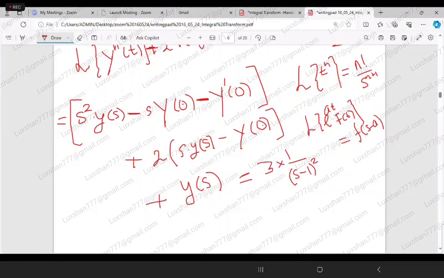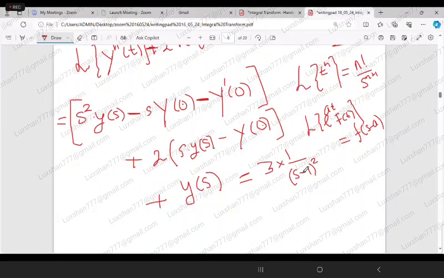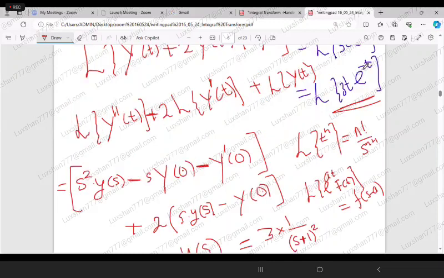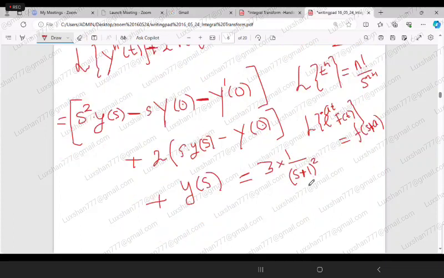Am I correct? Yes, sir. Okay, fine. But that is wrong, no? Here we have e to the power minus t, therefore this should be plus. Why should this be plus? Because our a is here minus 1. If this is minus a, then this will be plus a. Okay, therefore, we'll get this one.